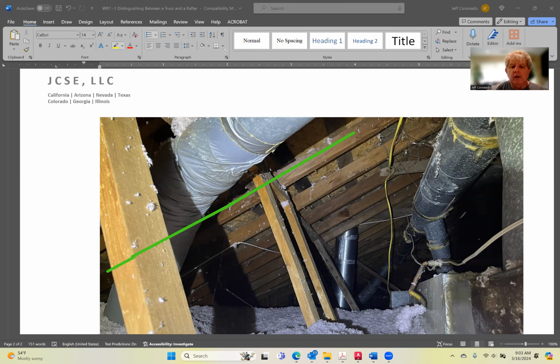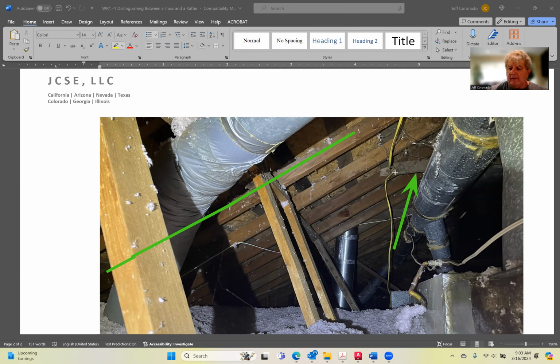Now take a look at this member going across here. I'm going to remove that so that you can see it more clearly, but keep your eye on that area. Do you see that horizontal member? This horizontal member that's connecting one rafter, presumably, to another rafter, right?